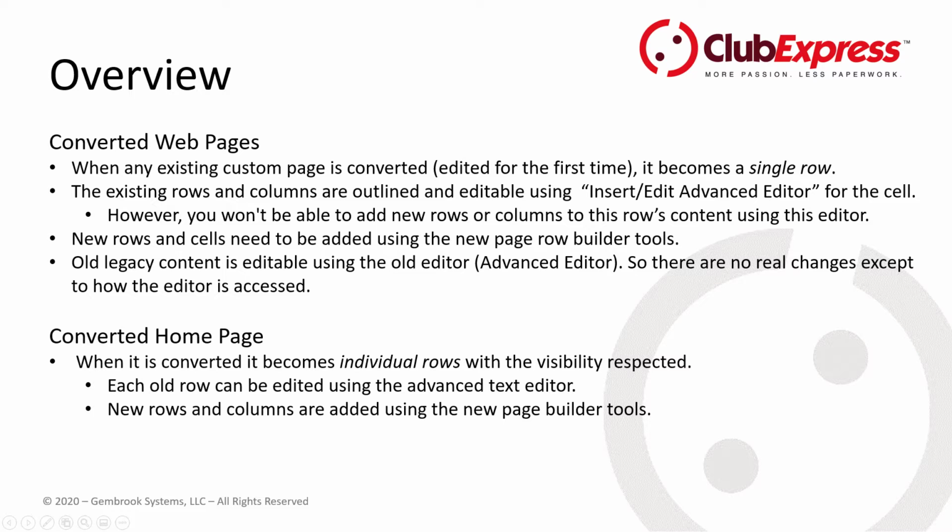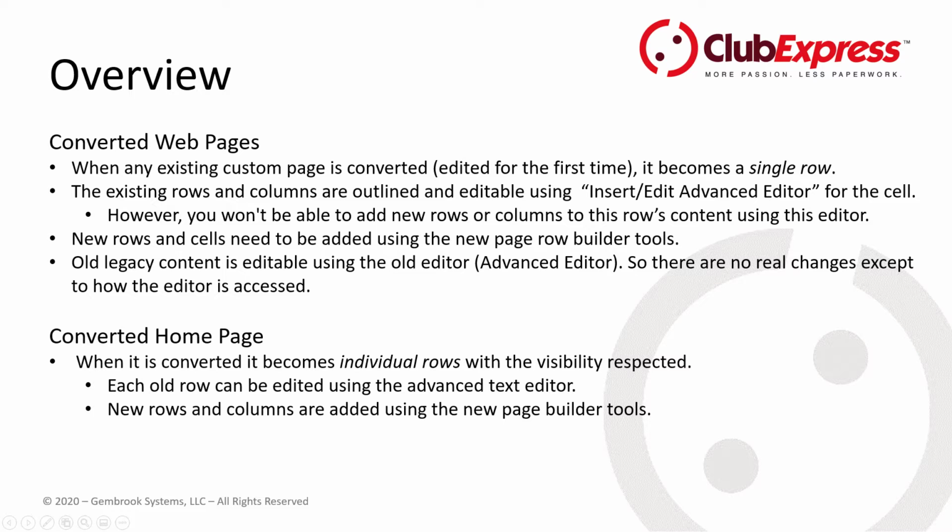However, you can't currently add new rows or columns using this editor. You'd have to use the new tools. And the old legacy content is editable using the advanced editor. So there are really no real changes except on how the editor is accessed.